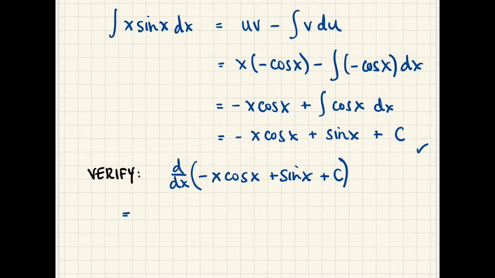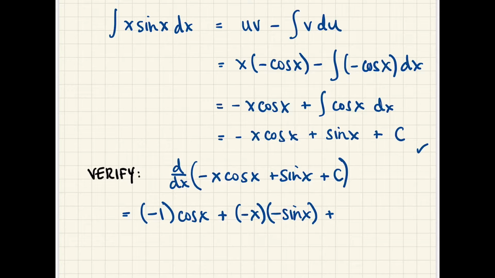So the derivative of negative x is negative 1 times cosine of x, plus negative x times the derivative of cosine, which is negative sine of x, plus the derivative of the sine, which is cosine of x, and the derivative of c is, of course, 0. All right, well, negative cosine of x plus cosine of x, those cancel, and we're left with x sine x. So, yay, it works.